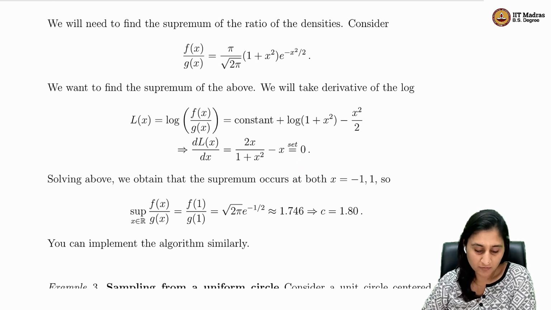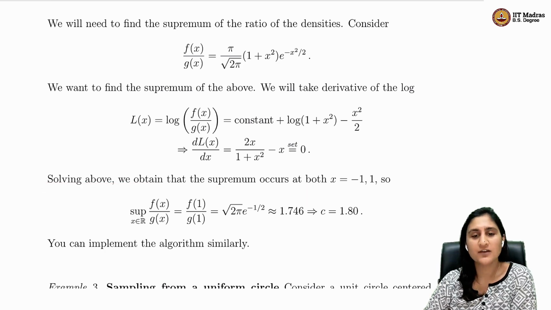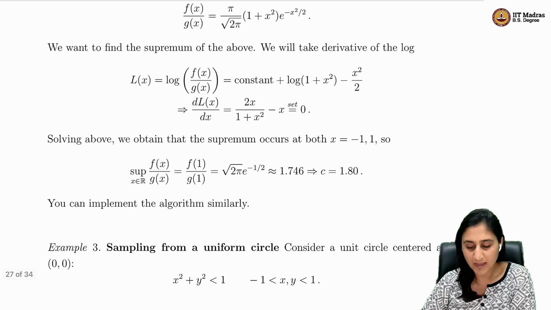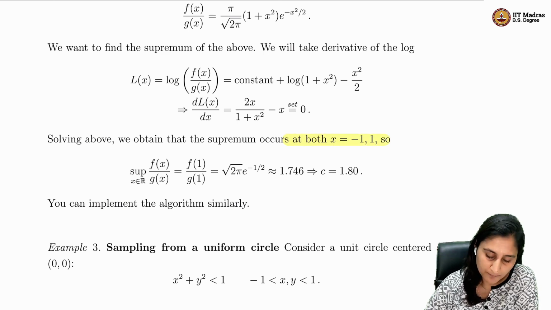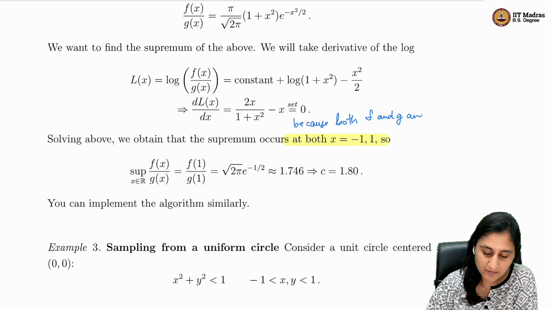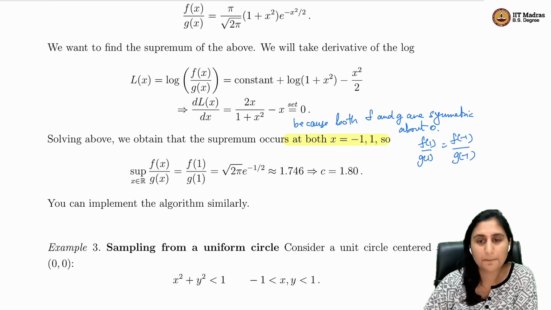Okay. Now, if I solve the above, it's straightforward to see that the supremum is going to occur at both x equals minus 1 and x equals 1. And because both f and g are symmetric about 0, f of 1 by g of 1 is equal to f of minus 1 by g of minus 1, right?